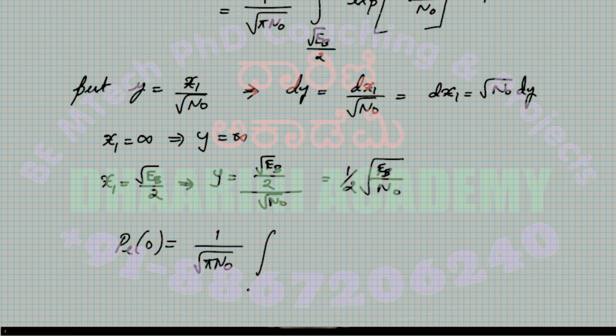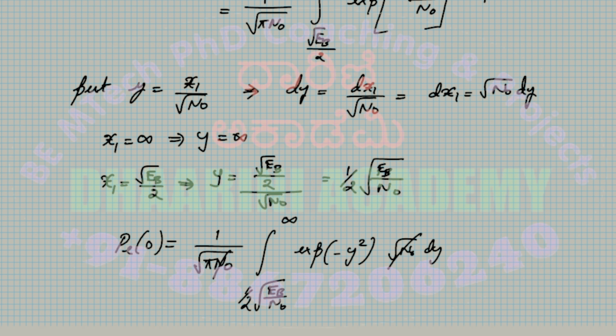The lower limit, as you can see, is half of root of Eb by N naught till infinity, of e to the power of minus y square into dy. Here dx1 is root N naught into dy, so once again root N naught cancels, and I'm going to get a very similar expression to the previous case. Let's write that.